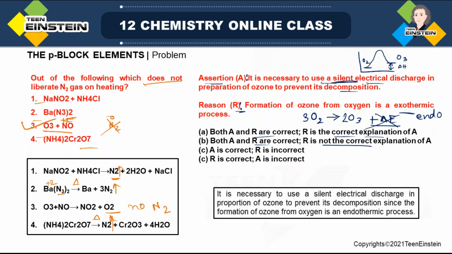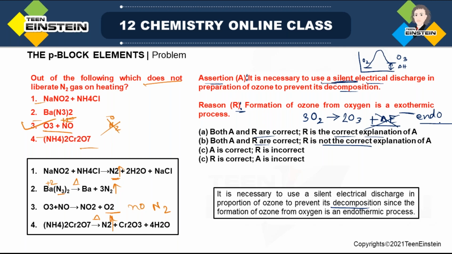Now what is the actual reason? Why do we use silent electrical discharge? Because to avoid decomposition. Because this process is endothermic. Endothermic process means you are providing some energy, it is absorbing energy. But if it is not silent, there will be some wastage of energy by the production of sound, which is not desired.